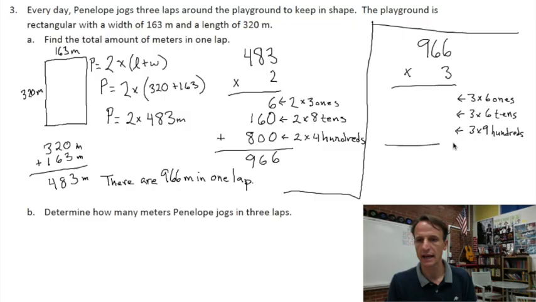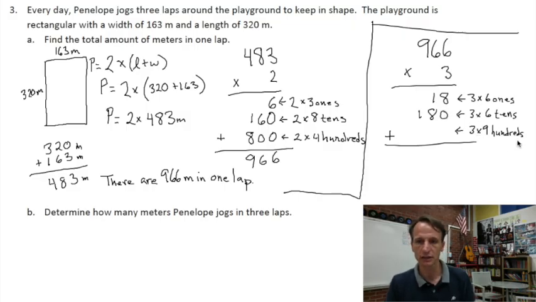And then I will add those 3 partial products together to get my final product. So 3 times 6 ones. 3 times 6, you know your facts, is 18. So standard form is just simply 18. 3 times 6 tens, however, is 18 tens. So that gives you a big clue that the 8 of 18 goes in the tens place. So it's 18 tens, 0 ones, 180.